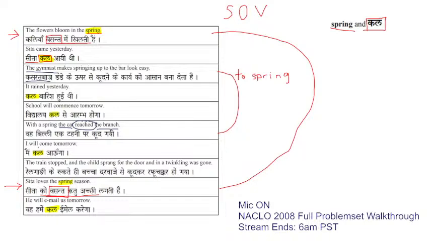So with a spring should either come first or last, I think. Any other cats? No. Reached the branch.